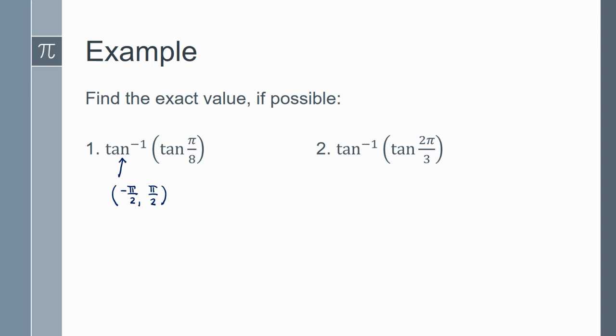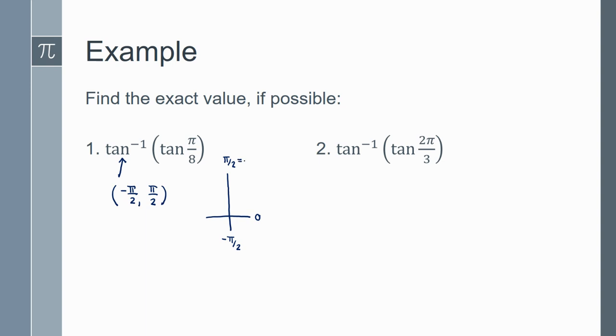Okay, so if I'm thinking about pi over 8, so once again, we are dealing with 0, pi over 2 is up here at the top, negative pi over 2 is down here at the bottom. My question is pi over 8, since it's positive, will that fall in the first quadrant between 0 and pi over 2?